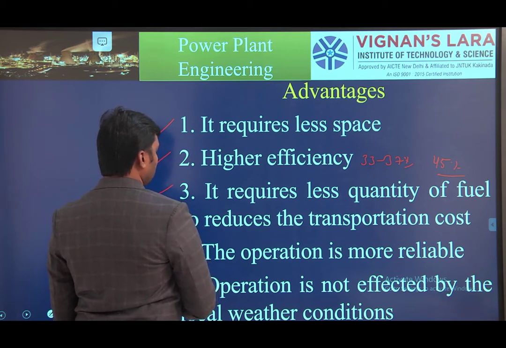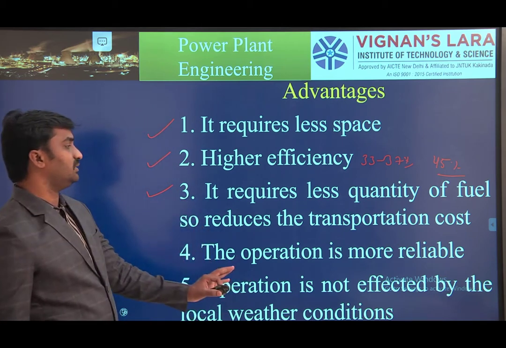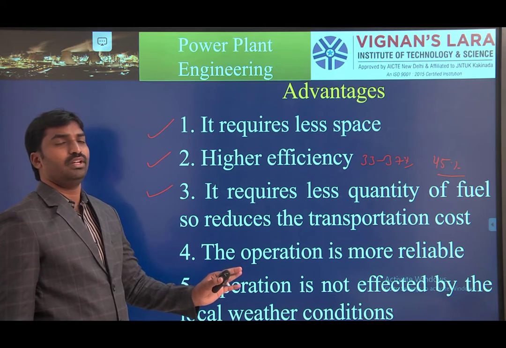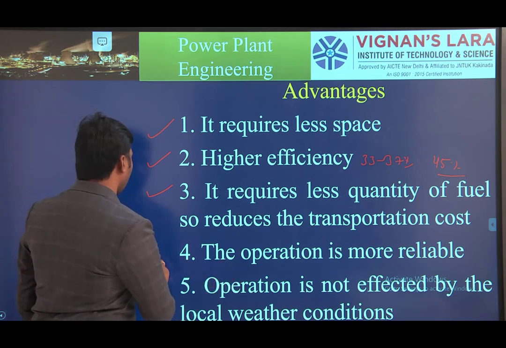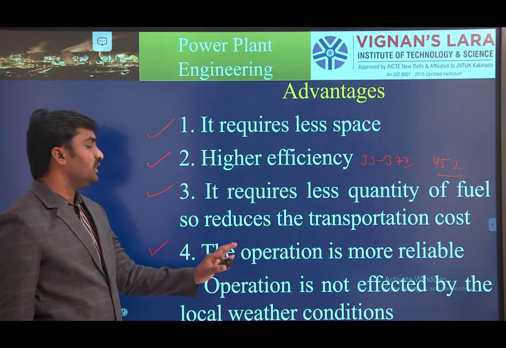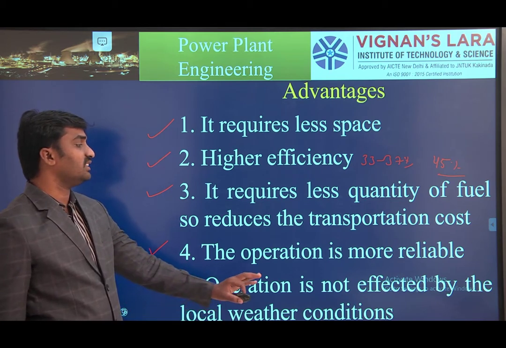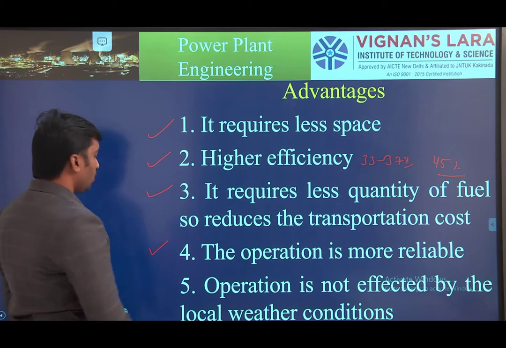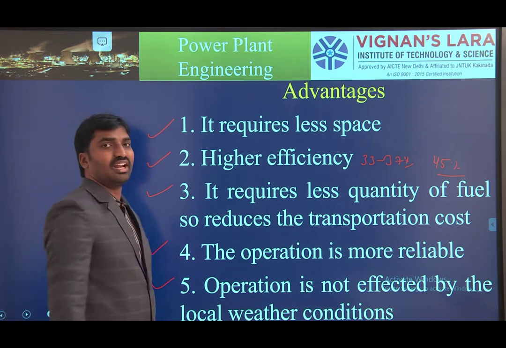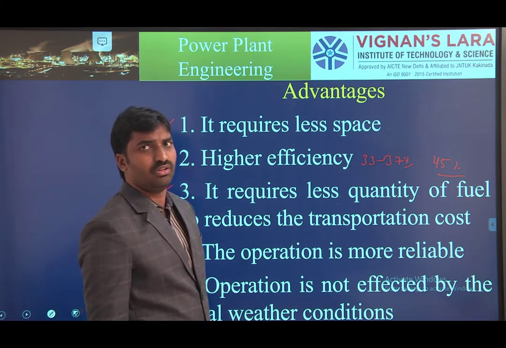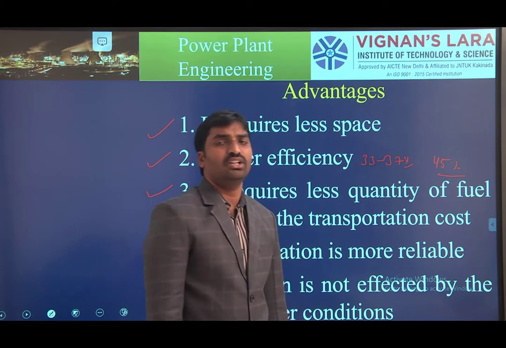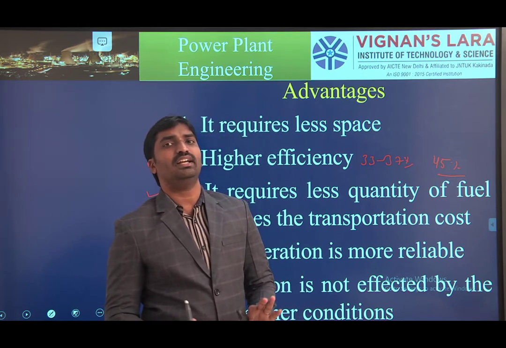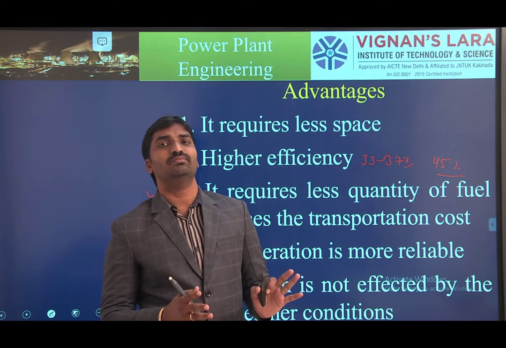The fourth one is that the operation is more reliable. It's a very smooth operation, and the operation is not affected by local weather conditions. For example, the hydroelectric power plant entirely depends upon the hydrological cycle.